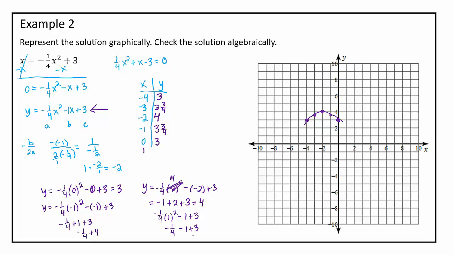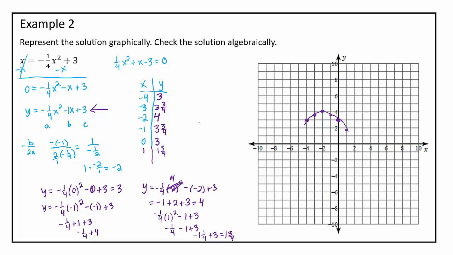So that's negative 1 1/4 plus 3, which there, you need 3/4 to get up to 2, and then another whole to get to 3. So this is 1 3/4.